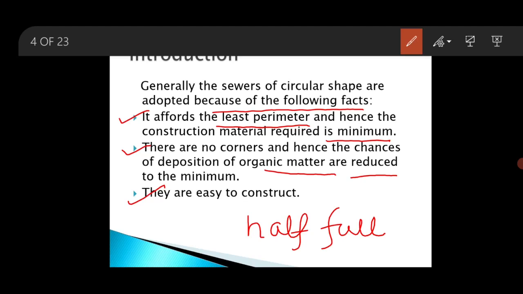Thus, circular sewers prove to be the best when the discharge does not vary too much and there is minimum chance of the sewer running with very low depth.